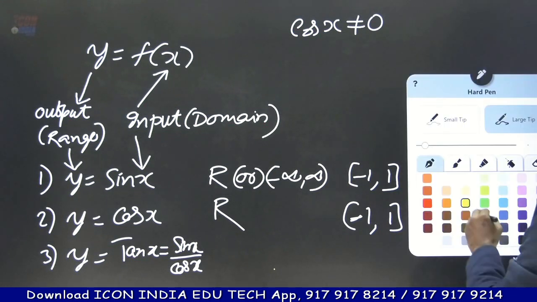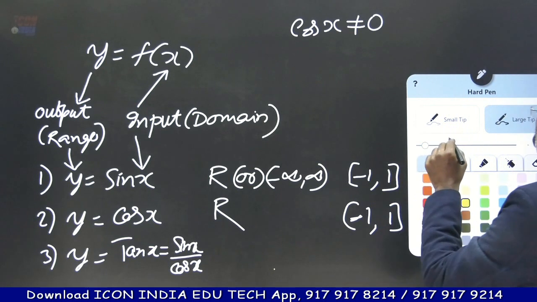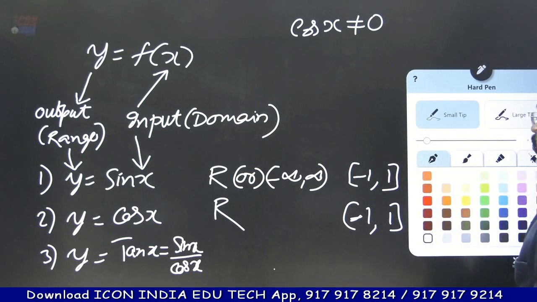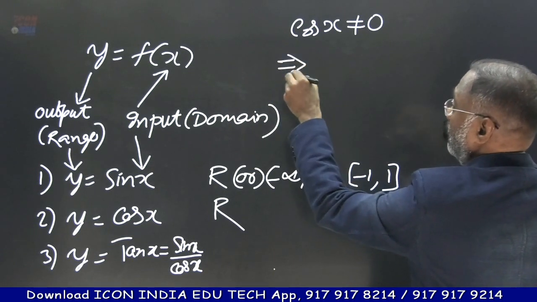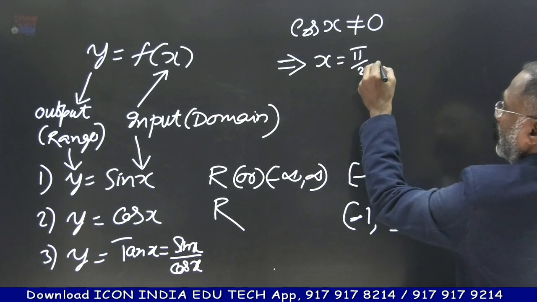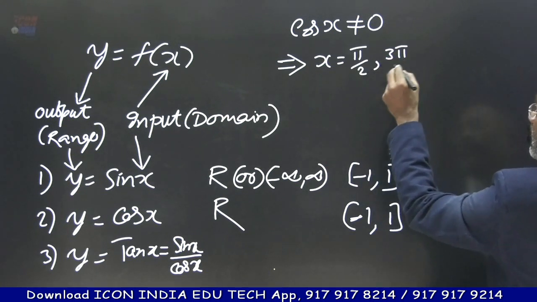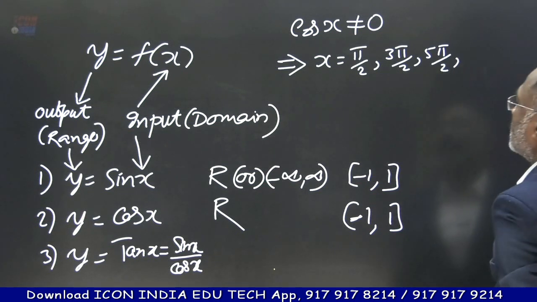That means when cos x becomes 0, let us check it out. It becomes 0 when x is equal to pi by 2, x is equal to 3 pi by 2, x is equal to 5 pi by 2.